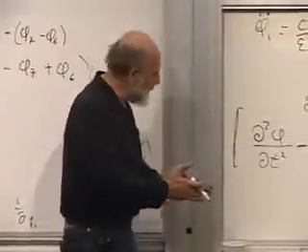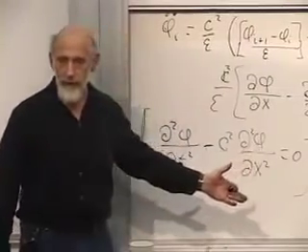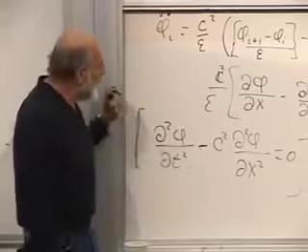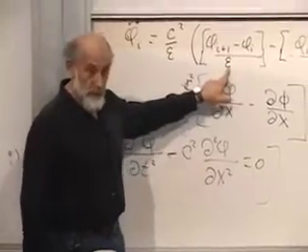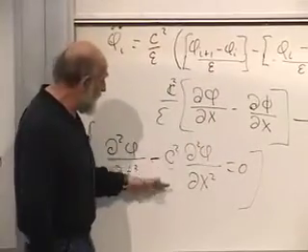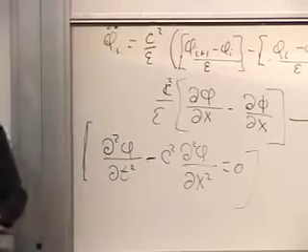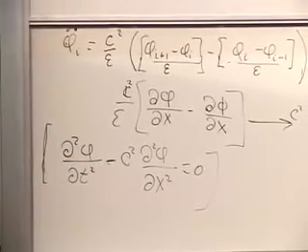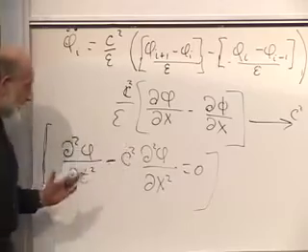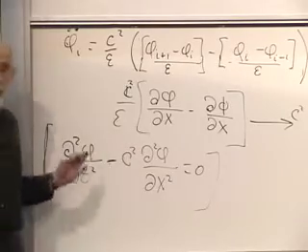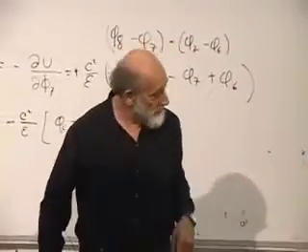Epsilon doesn't even appear in the equation anymore. The real point is that the limit epsilon goes to 0 is a nice, smooth limit where epsilon drops out of the equations. And the equation for phi just becomes a simple wave equation for waves which propagate up and down the x-axis.